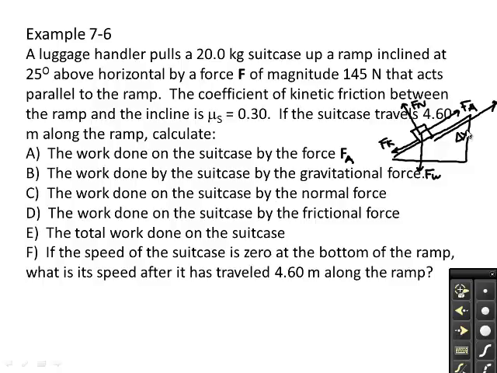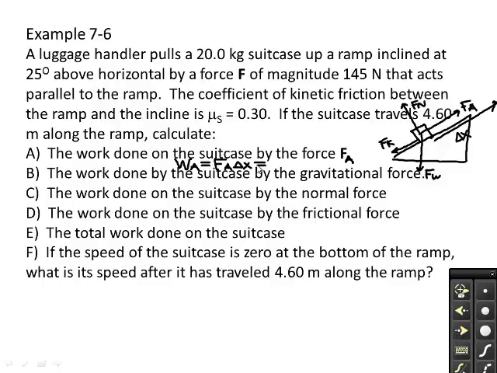So the first one is not too bad. We're going to say the force and the displacement are in the same direction. The force is 145 newtons. So here we go. The work done by the applied force is going to be that applied force times delta x. They're in the same direction. So the cosine of 0 degrees is 1.